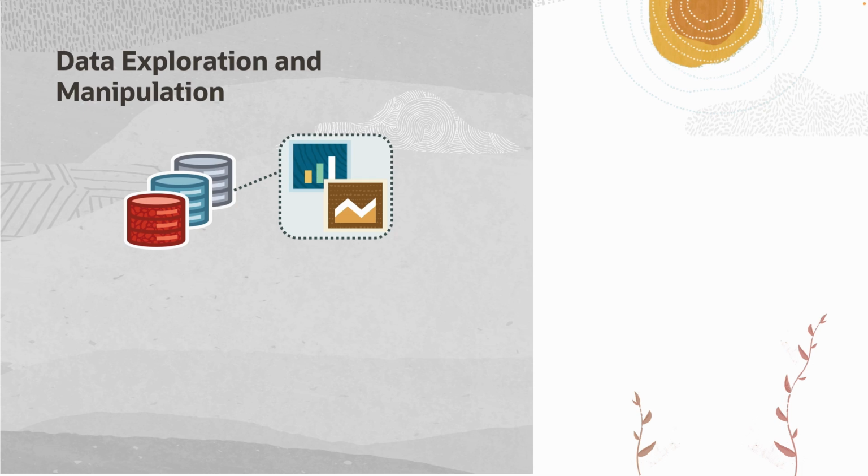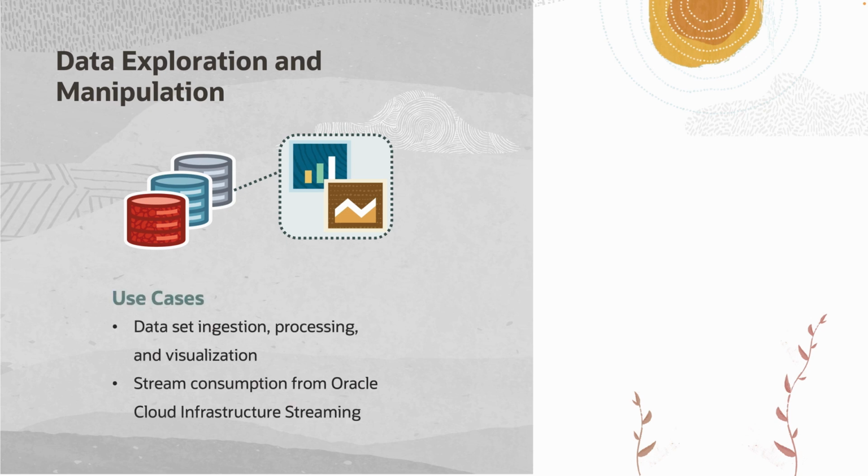The data exploration and manipulation Conda environment contains libraries for ingesting and visualizing data sets. You can stream data from Oracle Cloud Infrastructure and much more. It's designed for doing exploratory analysis.